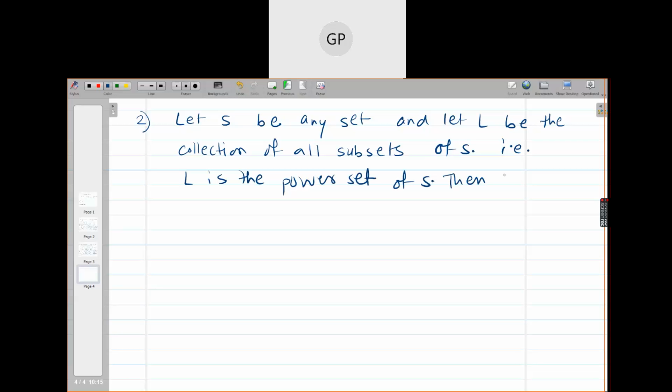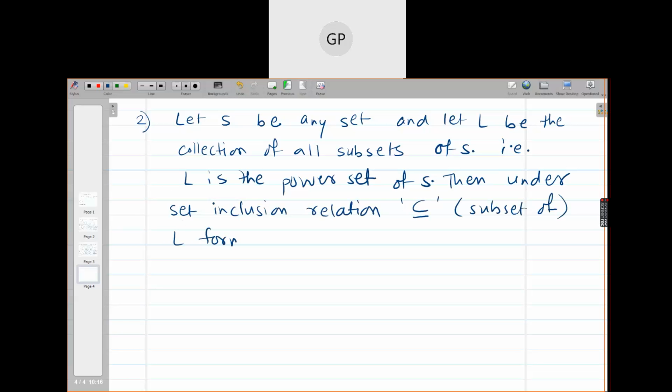Then under the set inclusion relation, that is subset of, L forms a lattice. We already have written this example so many times for poset and lattice.